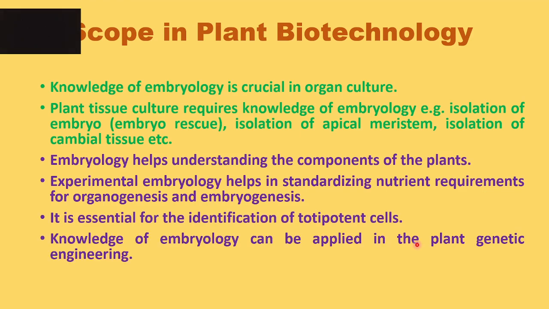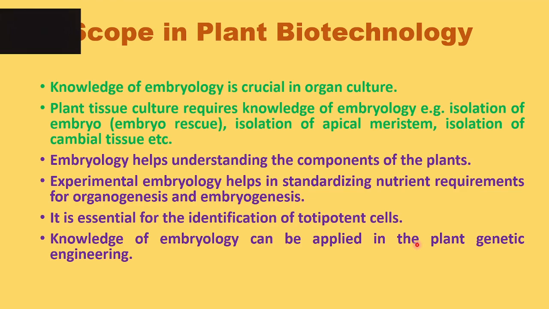It is essential for the identification of totipotent cells. The cells which have the potency to develop into a new plant, or an entire plant, that particular concept is known as totipotency of the cells. During the process of tissue culture, it is very important how we should identify a totipotent cell.